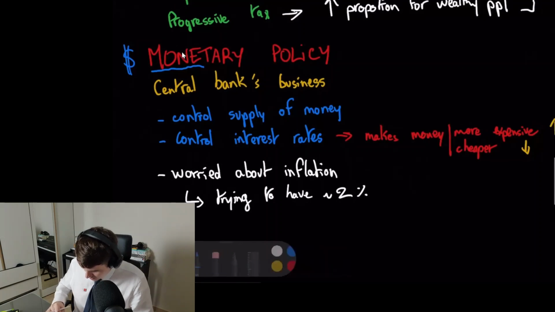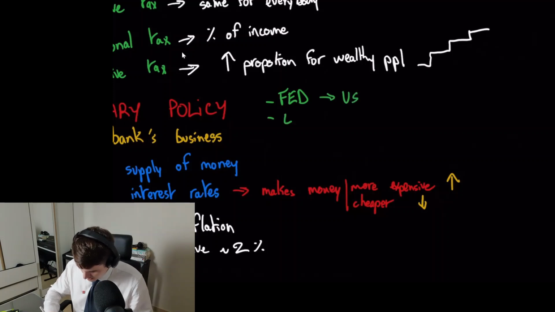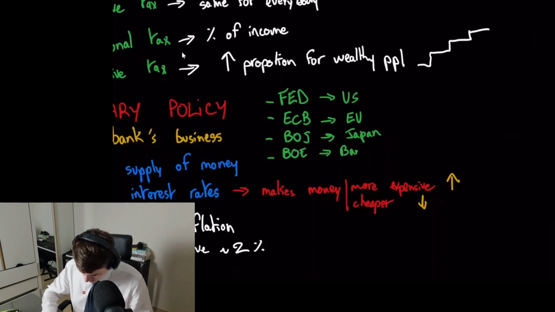Now, if we look at the different central banks around the world, we have the Fed, or Federal Reserve. This is in the US. You have the ECB, which is the European Central Bank in Europe. You have the BOJ, which is the Bank of Japan. You have the BOE, which is the Bank of England.